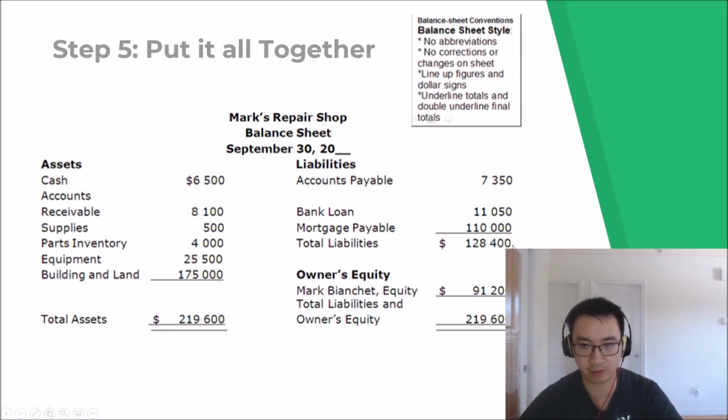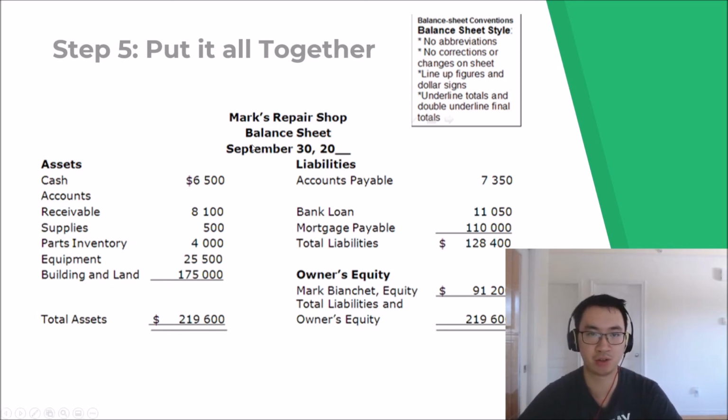So this amount of 128,400 plus 91,200 is going to be equal to your owner's equity of 219,600. So that is how you prepare a balance sheet step by step. So you're going to have your heading, assets, liabilities, owner's equity, and everything balances. And this is how we know that the balance sheet is prepared correctly.